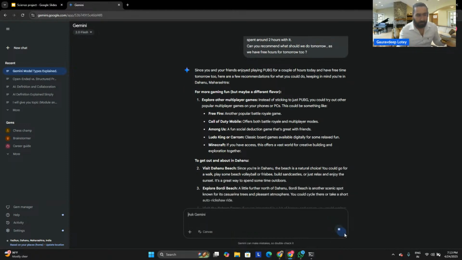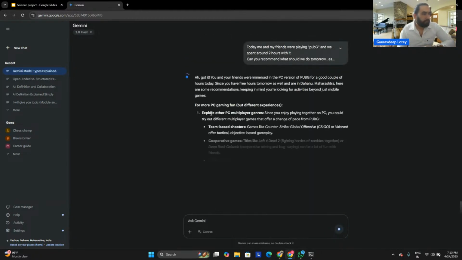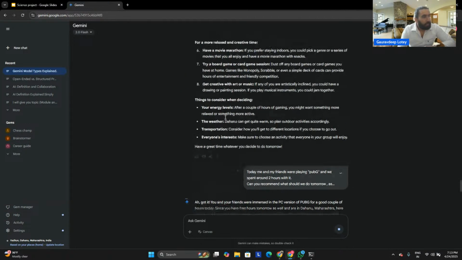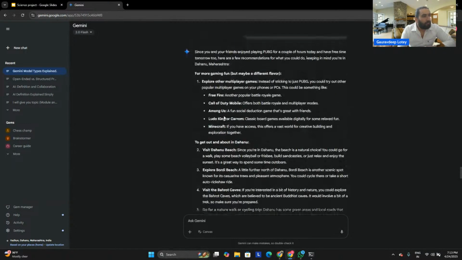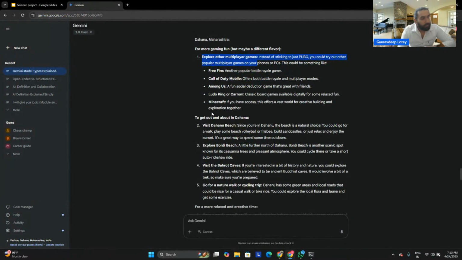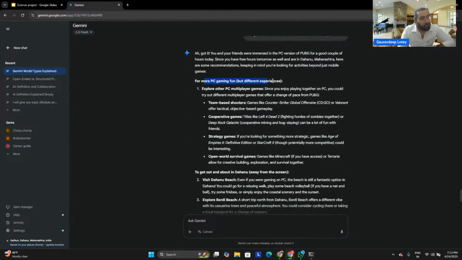So if I add this information, you will realize that it will quickly pick up PC gaming fun. It will no more think from a different perspective, like phones or PCs or exploring things here and there. It will now focus more on PC gaming fun, but with different experiences. Now it will talk about theme-based shooters.